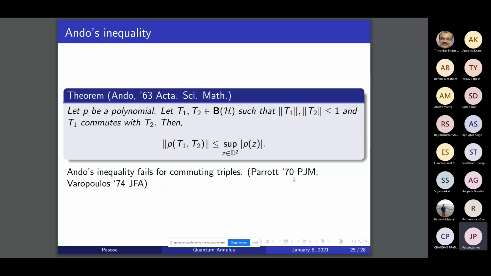Parrott in the 1970s and Varopoulos found concrete counterexamples to the natural three variable analog of Ando's inequality. One of the things going on in the background here is that people often use von Neumann's inequality to develop complex analytic ideas. This says that two complex variables happens to be a little bit nicer than three or more complex variables for specific domains like the bidisk. So the tridisk is somehow much worse than the bidisk in terms of understanding complex analytic function theory.